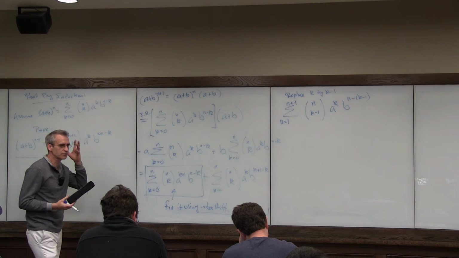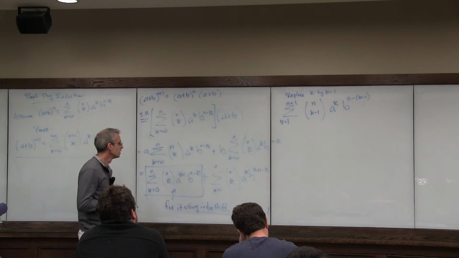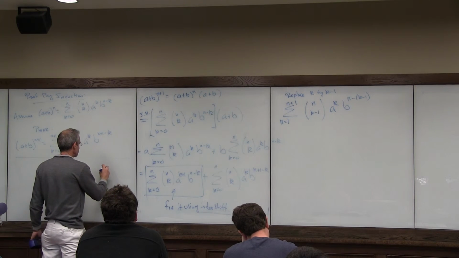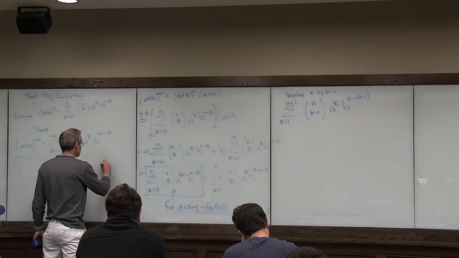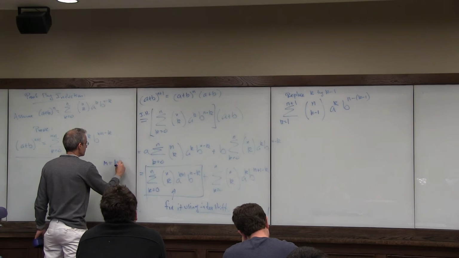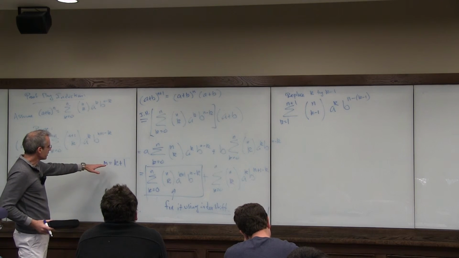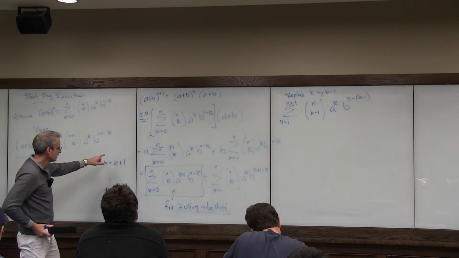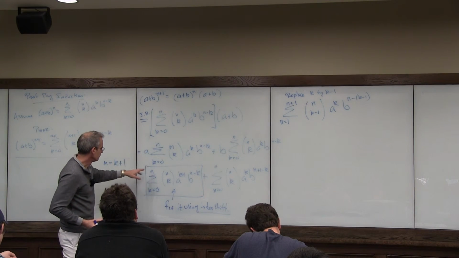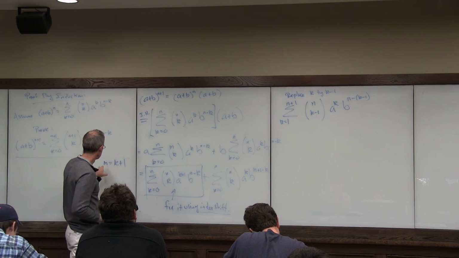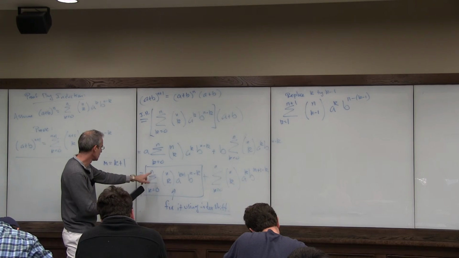Now, if you don't like the little mental stuff there, you can always let m be equal to k plus 1, and then replace k. Make the replacements in here everywhere.